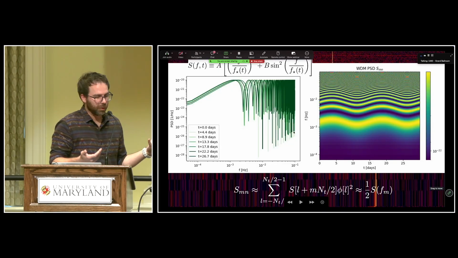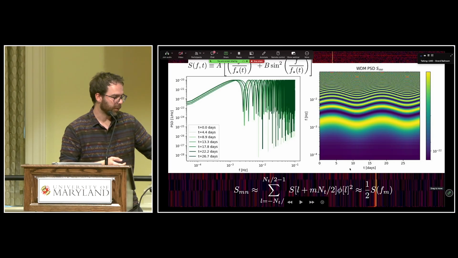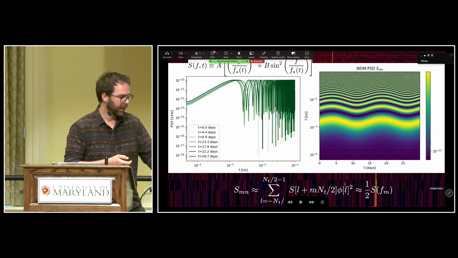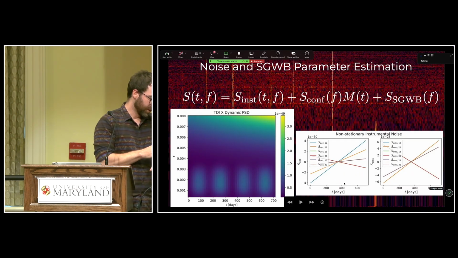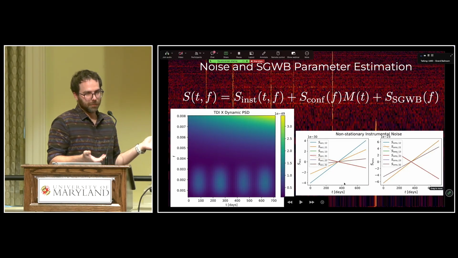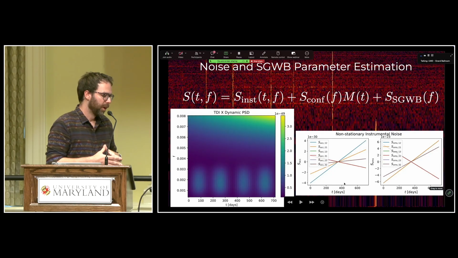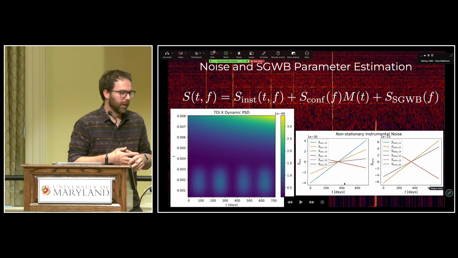There's a very straightforward way to do that. You can integrate the PSD against the WDM kernel, the WDM window here. Okay, so that's kind of all the formalism we need to do noise and stochastic background studies in this domain.